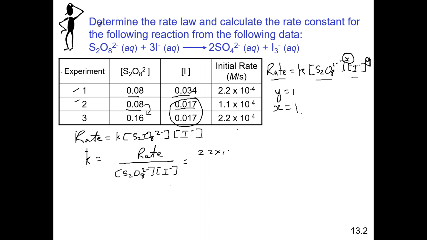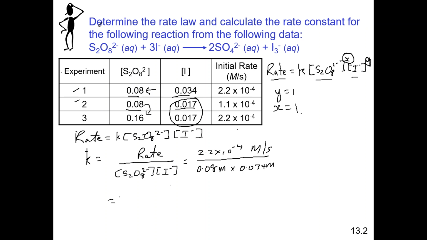2.2 times 10 to the minus 4 M over s. That's the rate for the first experiment, divided by the concentration of the persulfate, which of course is right here. So I'm going to put 0.08 M here, multiplied by the concentration of the iodide, which is 0.034 M. And all I have to do is the arithmetic on my calculator.